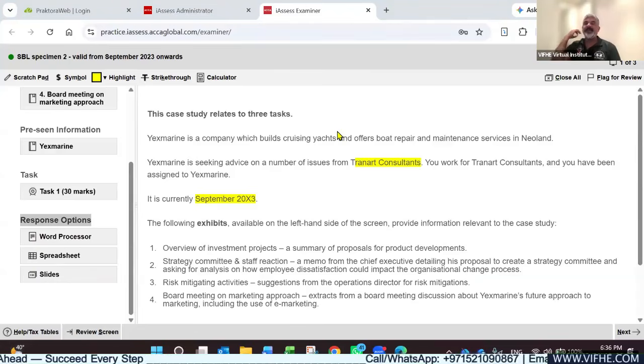The examiner will specifically tell you, prepare presentation slide. Then only you will use slides. Is that clear? That requirement will tell you, prepare presentation slide. Then you will have to use slides for that particular requirement. Other than that, all your answers will be on the word processor. Is that clear, guys?